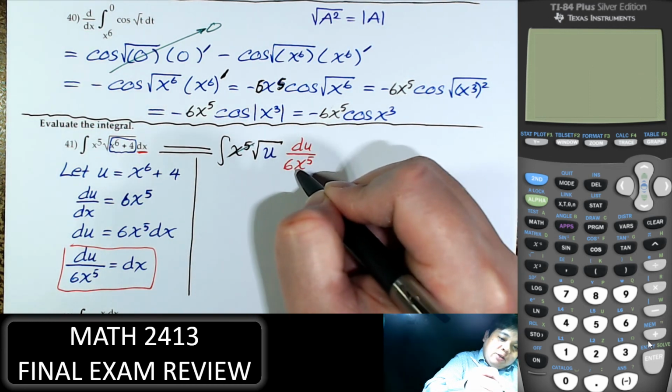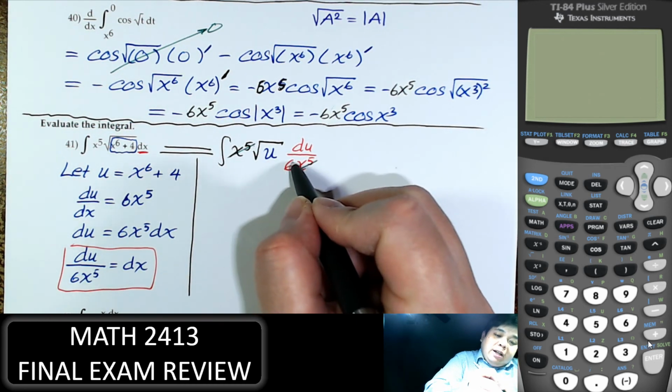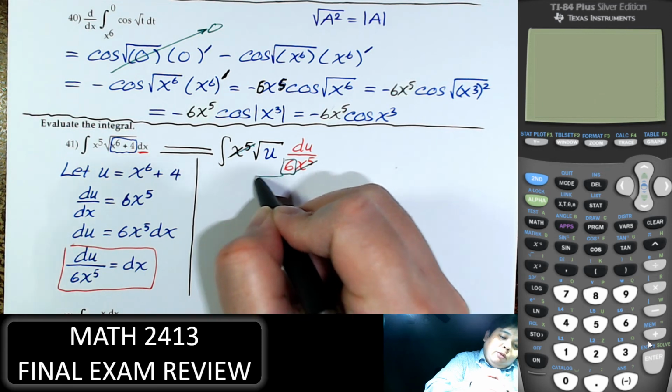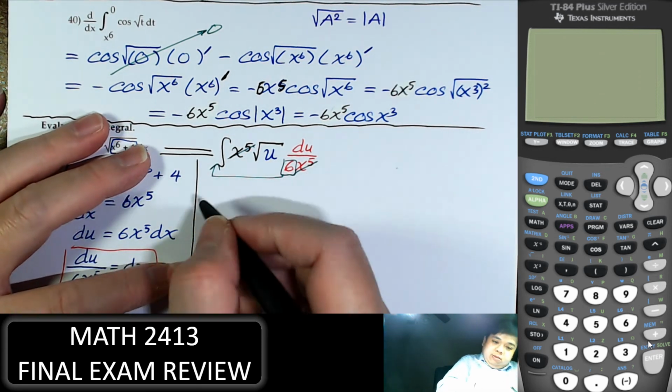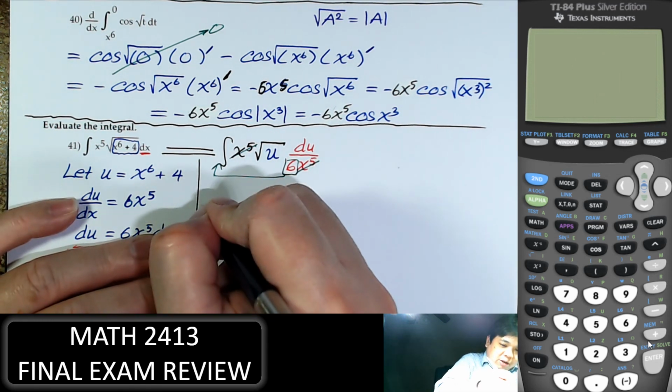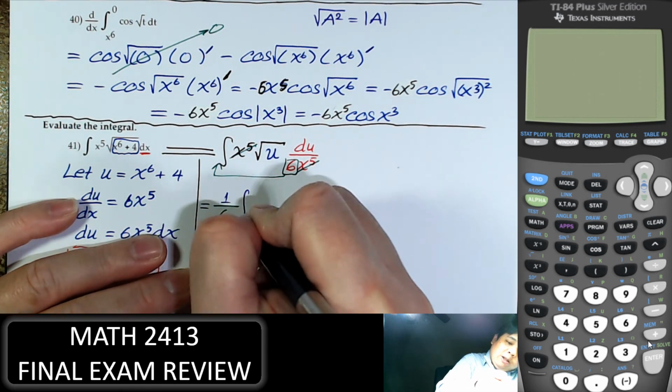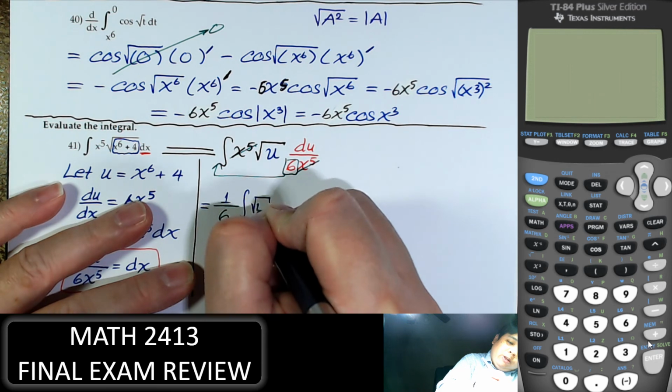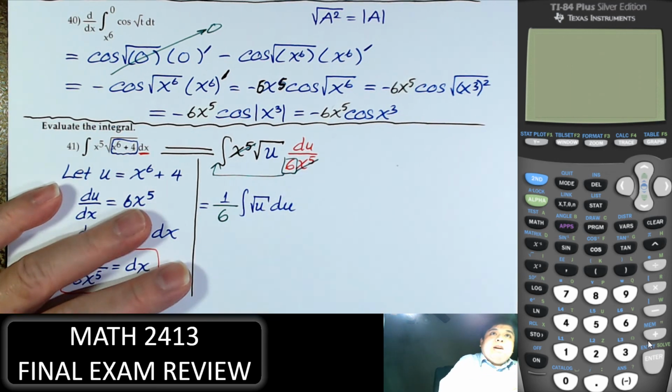X to the fifth cancel out. The 6 at the bottom will stay at the bottom, but on the outside we just have square root of u du left.